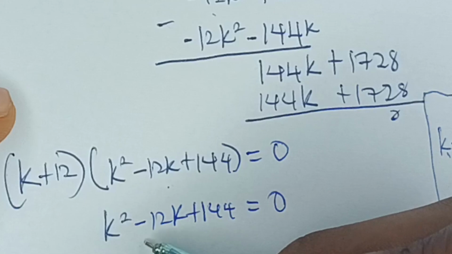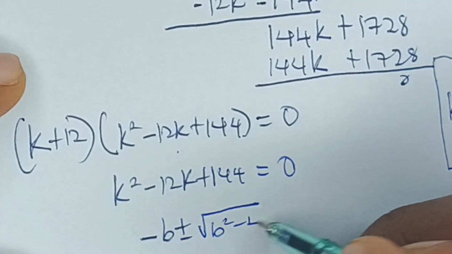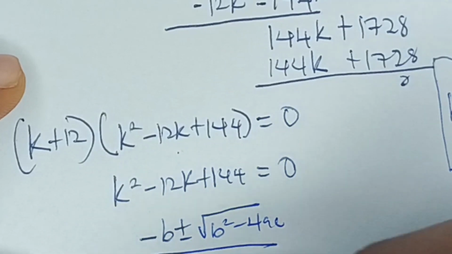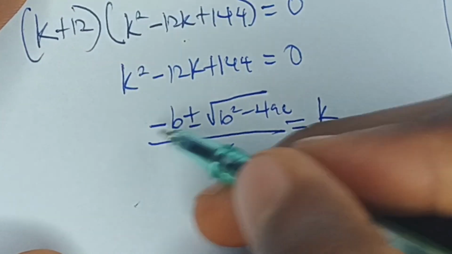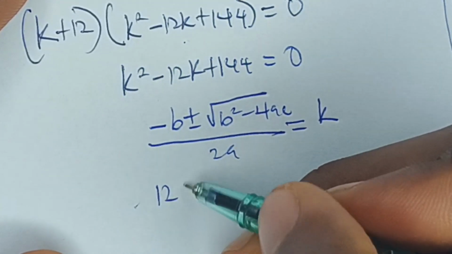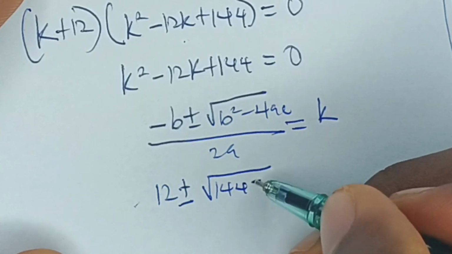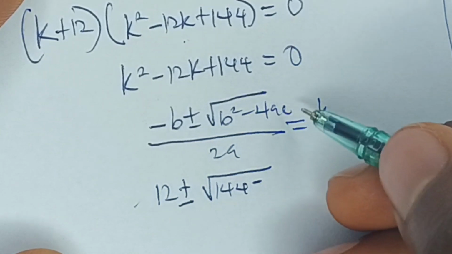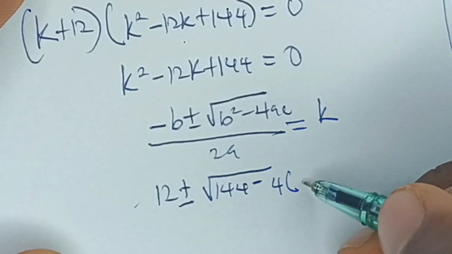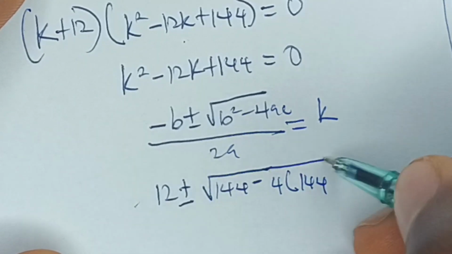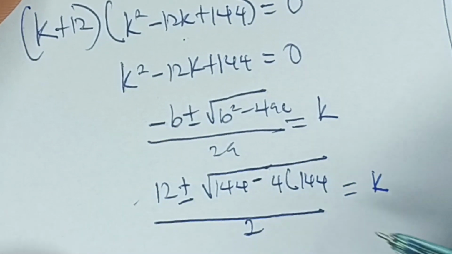We can use the quadratic formula, which states that minus b plus or minus square root of b squared minus 4ac all over 2a should be equal to k. Substituting, minus b is minus of minus 12, which is 12, plus or minus square root of 12 squared, which is 144, minus 4 times a times c, which is 4 into 144, all over 2a, which is 2 times 1, which is 2.